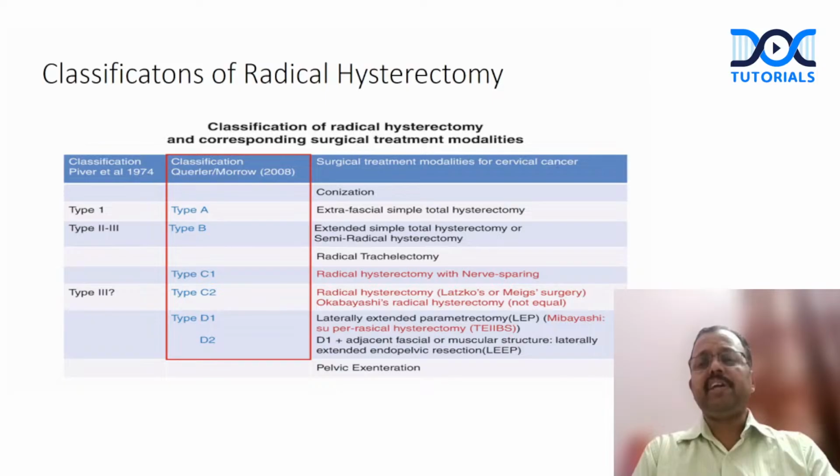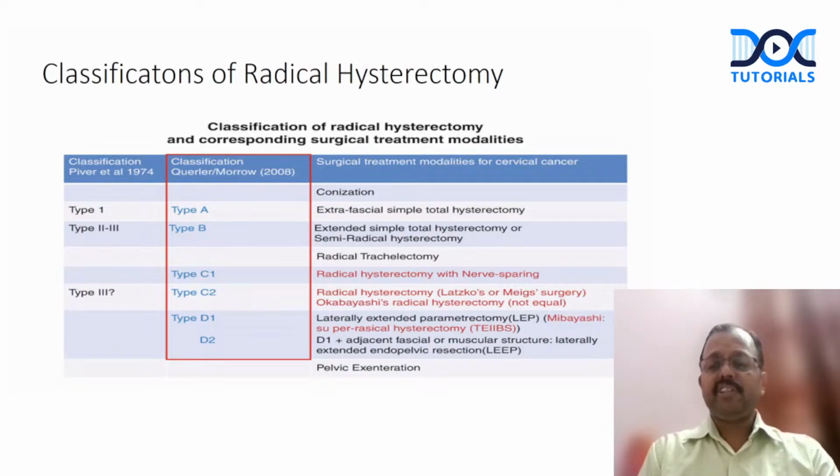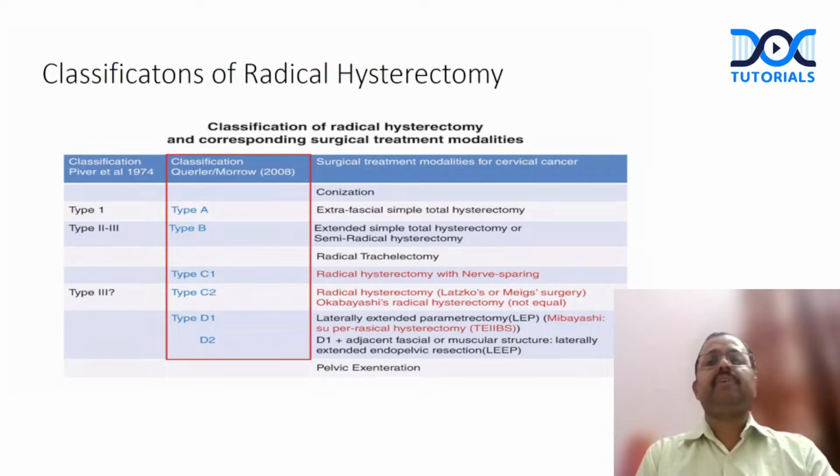In type B, it could be an extended simple total hysterectomy or a semi-radical hysterectomy. Type C1 is a nerve-sparing procedure. Type C2 is what we call a Meigs surgery or a radical hysterectomy. And D1 and D2 are when you go beyond into extended parametrectomy or adjacent endopelvic fascia resection. These are very advanced procedures that we do in selective situations.